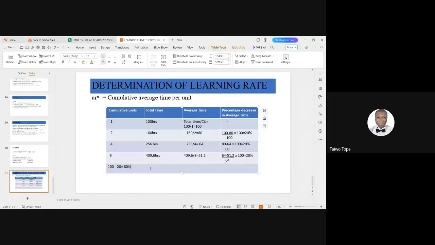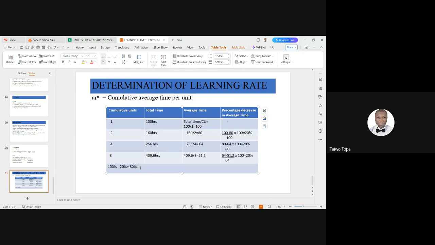The learning rate is 80%. So this is one of the approaches to determine learning rate.